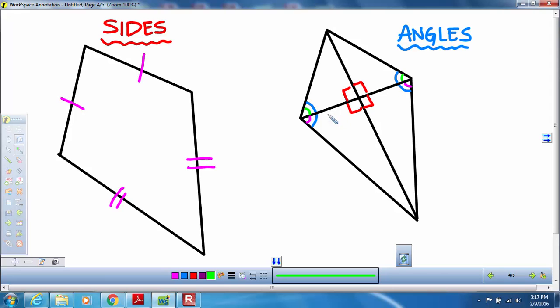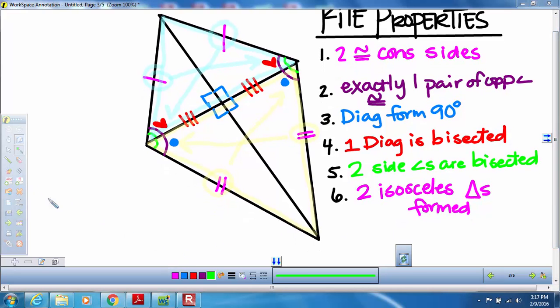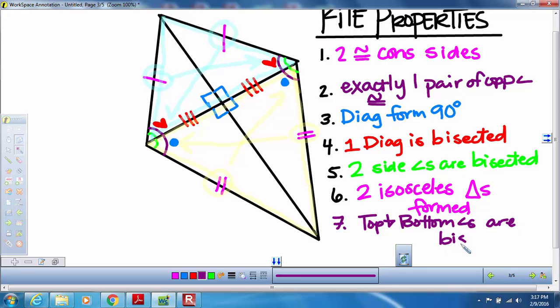Actually, I left off one of them. So let's go back. In this picture, this diagonal here is going to bisect these angles up here, and so I forgot that, so let's write that in as our seventh: top and bottom angles are bisected.